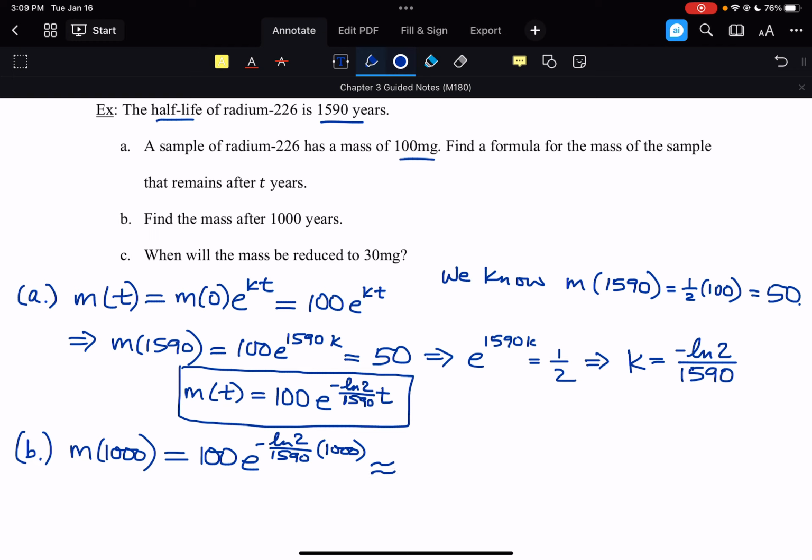If we crunch these numbers in a calculator, we get about 65 milligrams. So our quick mental check was on track. We know it takes 1,590 years to reach 50, so in only 1,000 years, it still has 65 left.